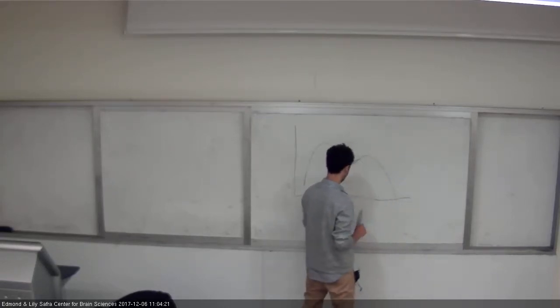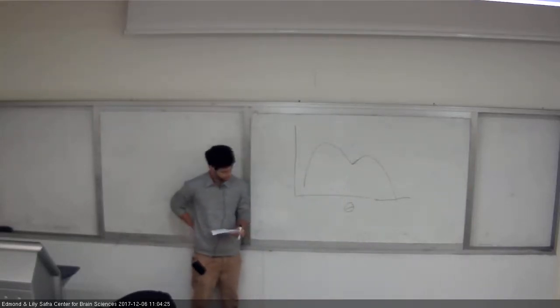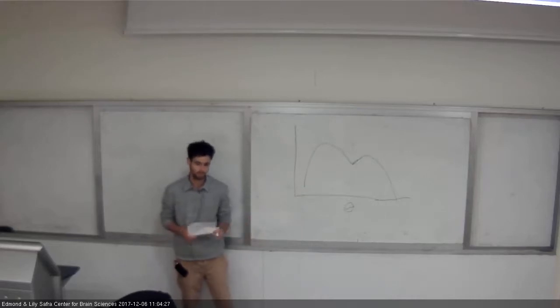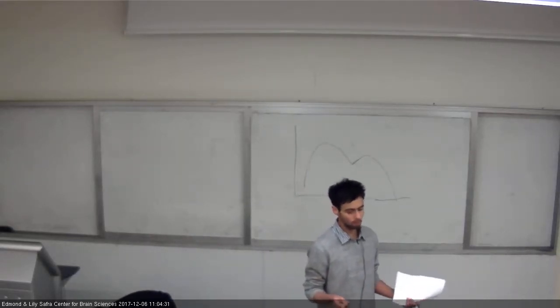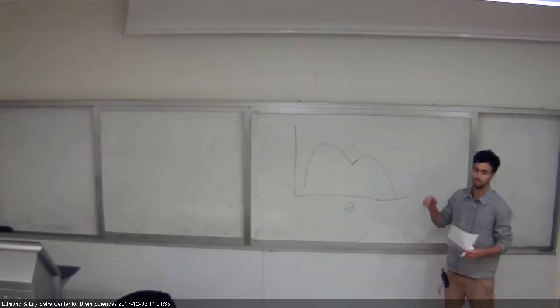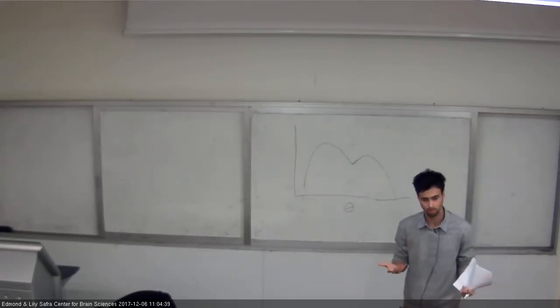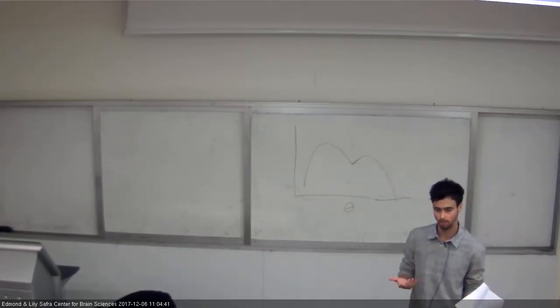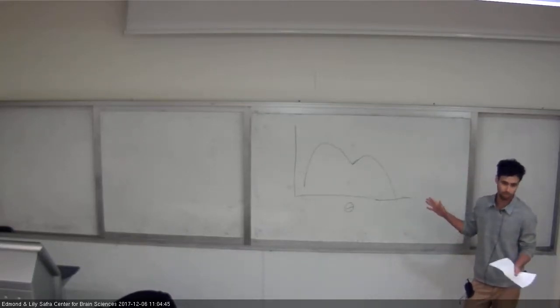This is theta, and this is the probability. Now, what can we say about it? Now we want to estimate the parameters of this distribution. How can we do it? So now, in general, it's difficult.